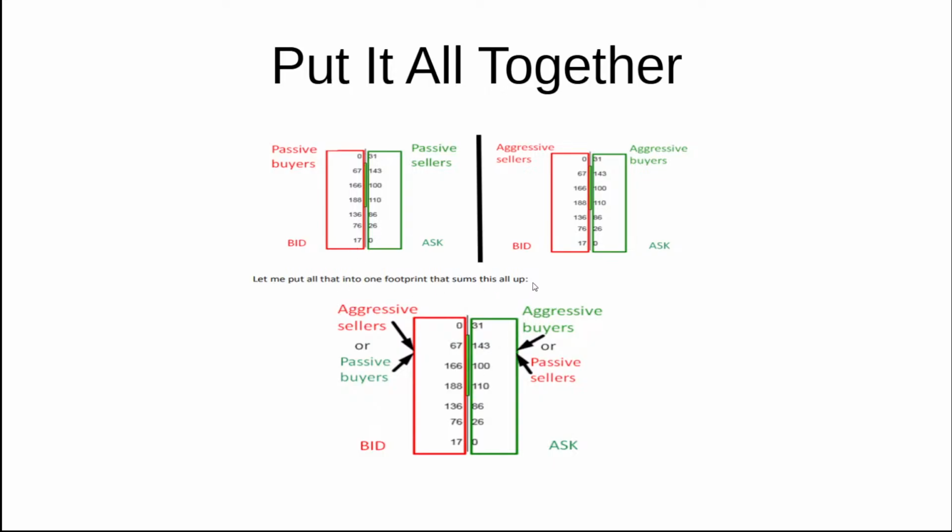So if we put this all into one footprint to sum this all up, on our bid side, we have aggressive sellers at the top. We have passive buyers that show up below the zero, down here. On the ask side, we have our aggressive buyers at the zero and our passive sellers that show up here, right? So it's never as simple as green buying and red selling. It's never that easy.